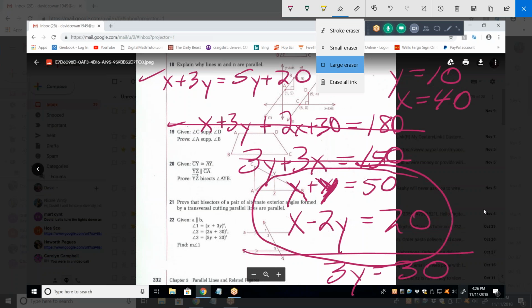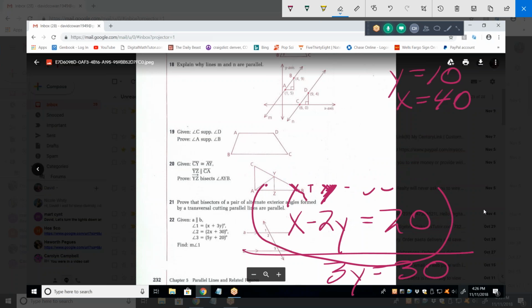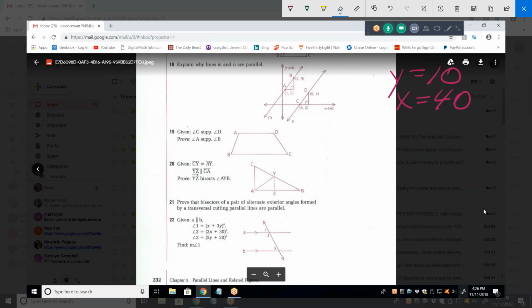So now let's see if everything is correct. If y is 10, 3y is 30 plus 40, so that'd be 70. So that's 70, and it looks like 70 this time. And 2 is 80 plus 30, 110.